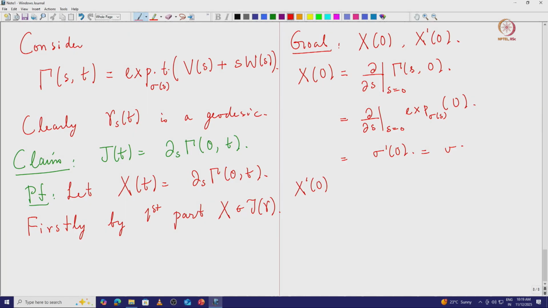What is the derivative X prime at 0? Well, that is going to be del t del s of gamma at 0, 0. Then by the symmetry lemma you can switch these two. So that is going to be d by ds at s equals 0 of del t gamma at t equal to 0.